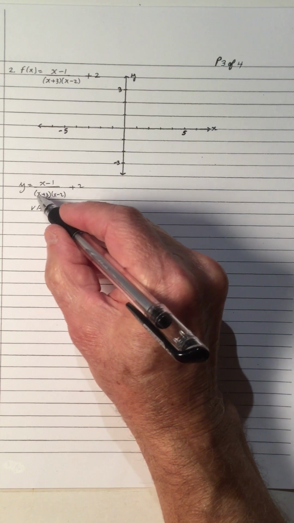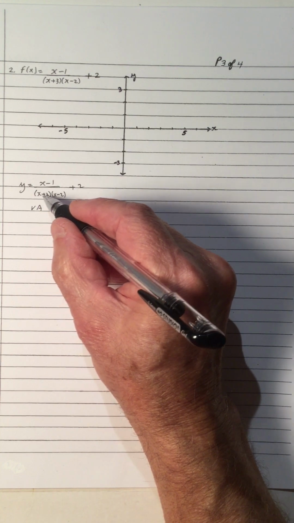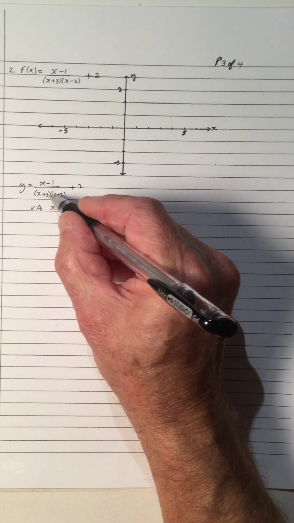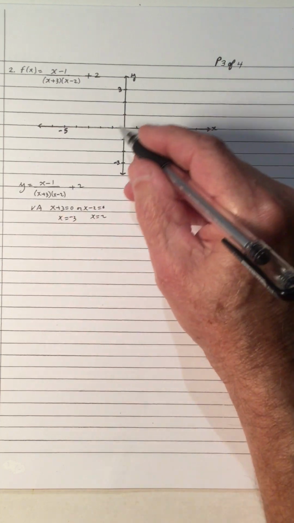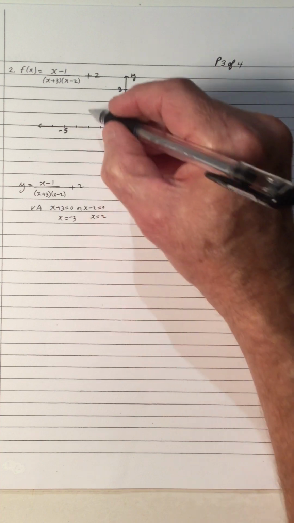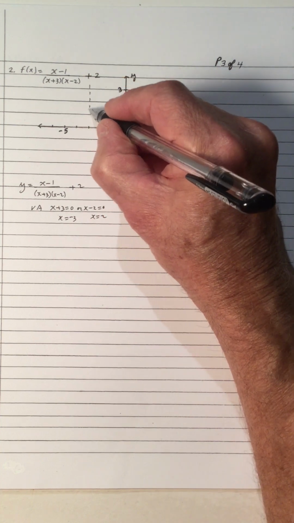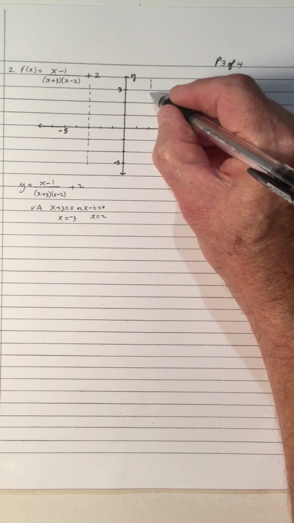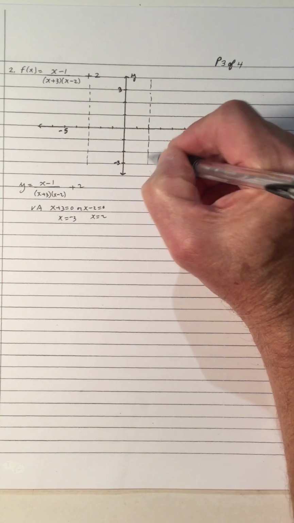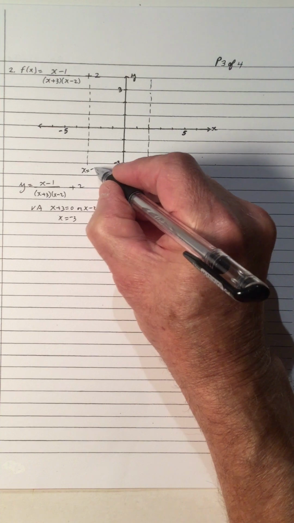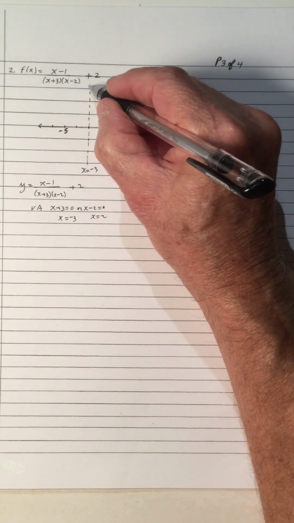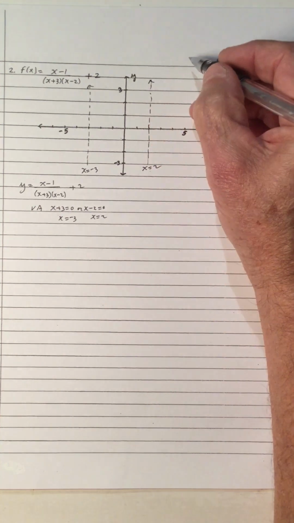If you put a negative 3 right here, you will get a 0. 0 on the bottom is a no-no. So we have vertical asymptotes at x equals negative 3 and x equals 2, and the graph will not touch these two vertical asymptotes.